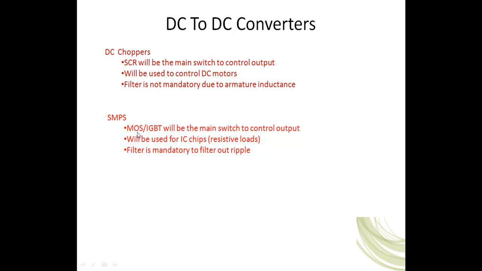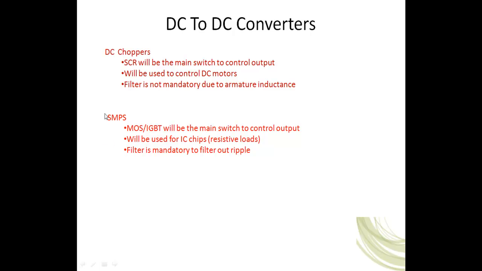It will be used for IC chips, especially resistive loads. In case of a resistive load, if you use the output as it is, it will have a lot of ripple. To get a constant voltage for resistive loads also, we need to use a filter. So a filter is mandatory in case of SMPS.